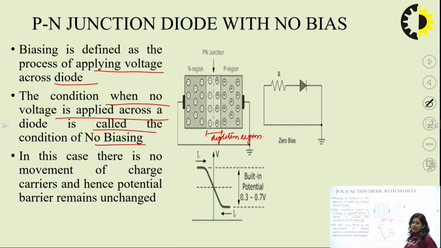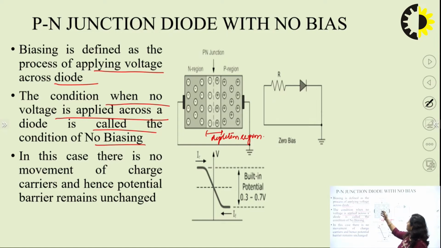So we studied here that biasing is defined as the process of applying voltage across the diode. The condition when no voltage is applied across a diode is called the no biasing condition, and in this case there is no movement of charge carriers, no flow of current, and the potential barrier remains unchanged.